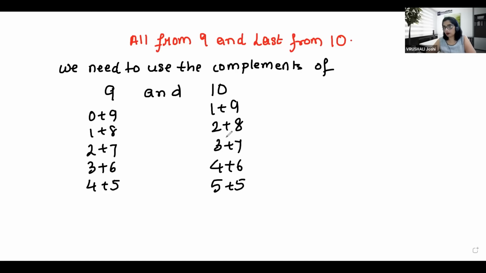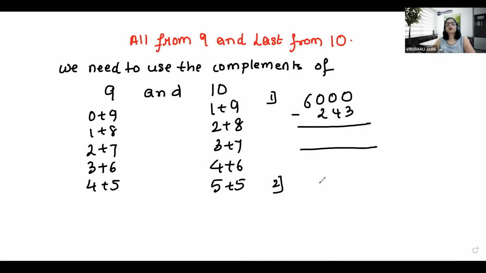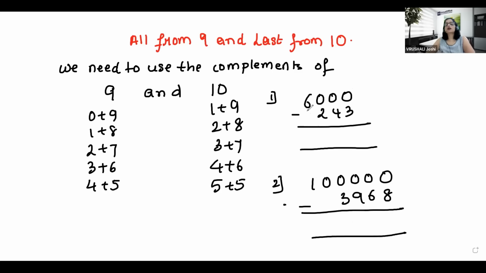I hope all of you remember this. And how do we use them? For example, if we have 6000 minus 243, or let us take one more example, 1 lakh minus 3968. Suppose we are doing this subtraction, then we simply take 1 less than 6, which is 5. For these two numbers, we look for a combination of 9.